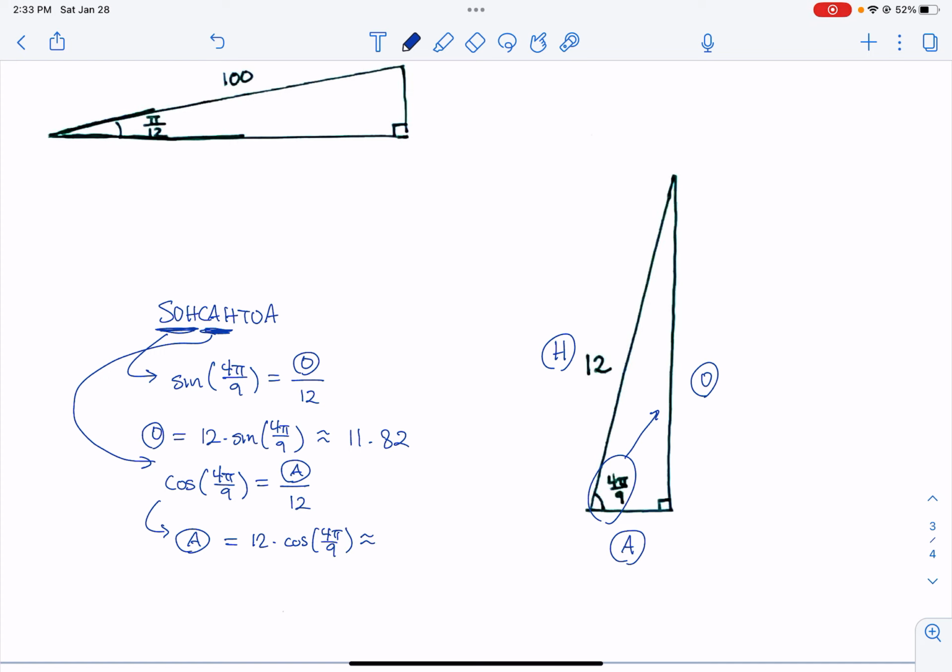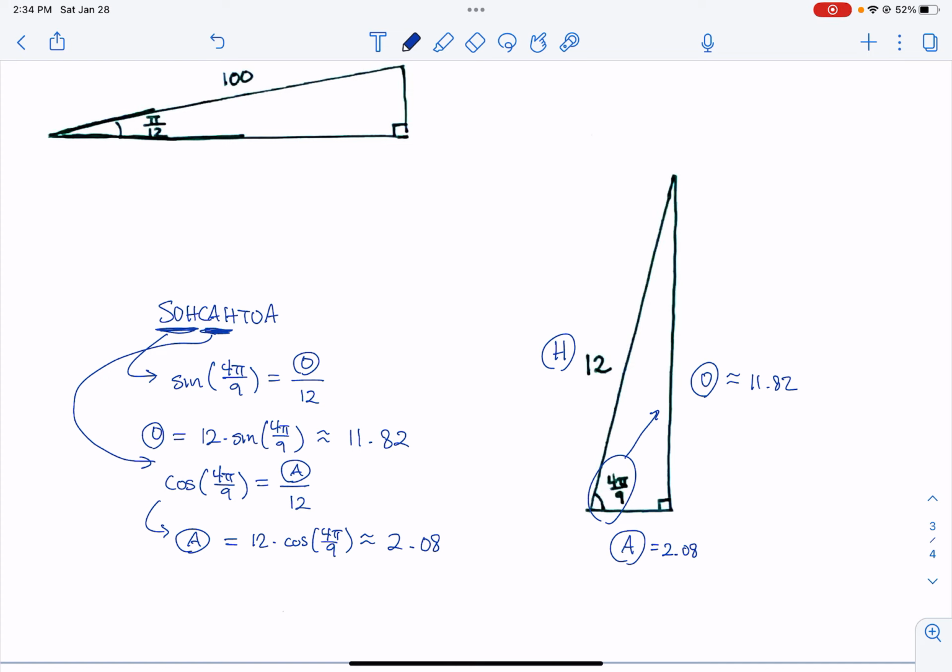All right, let's calculate that out. 12 times cosine of 4 times pi over 9. That's giving me a length of 2.08. Right? So this length equals 2.08. This length is approximately 11.82.